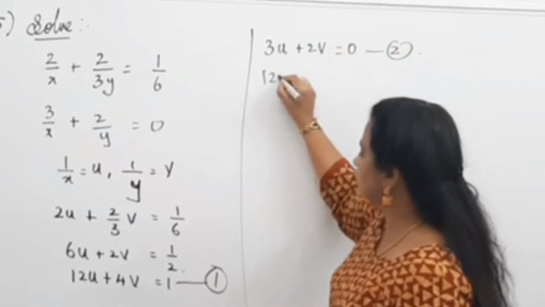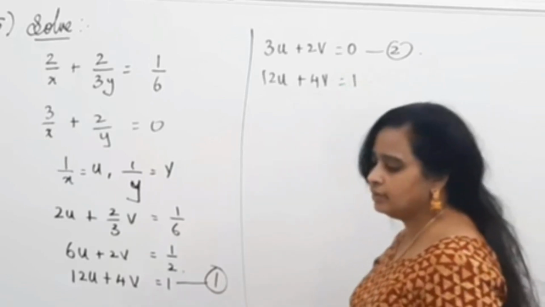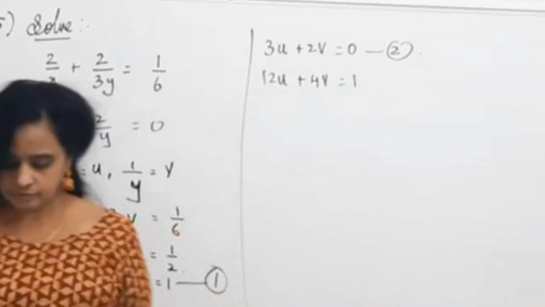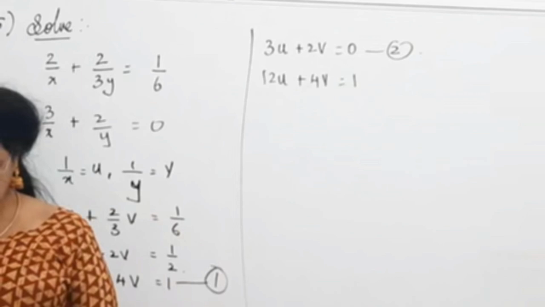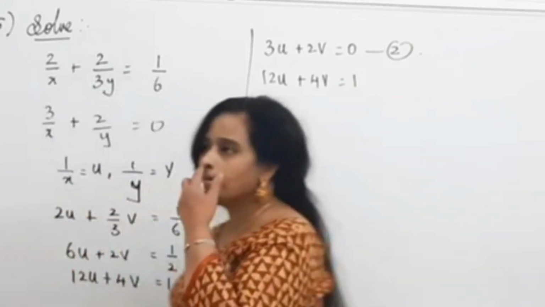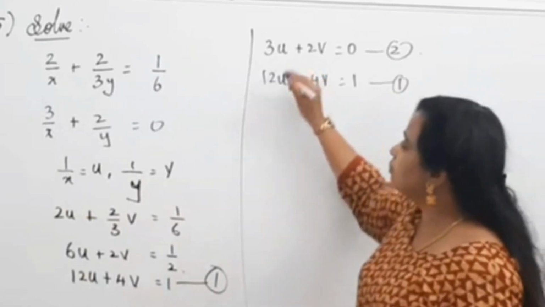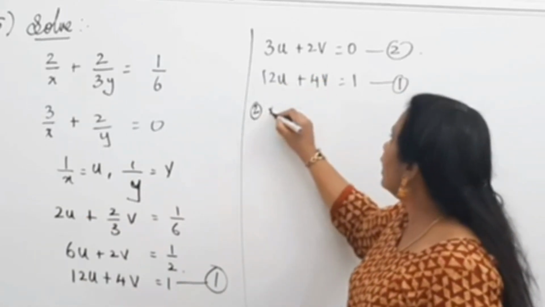So the first equation is 12u plus 4v equal to 1. Now I'm going to multiply the second equation by 2.